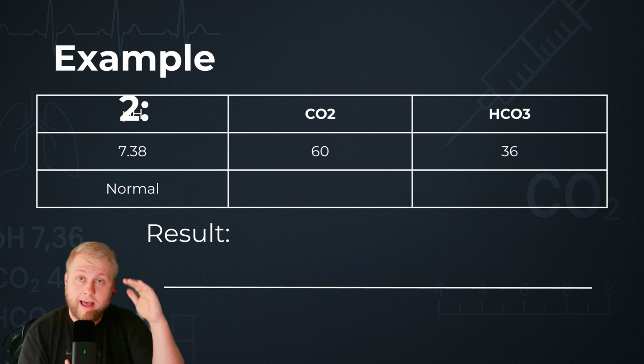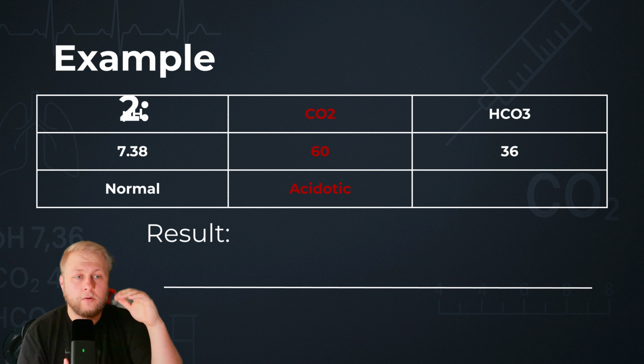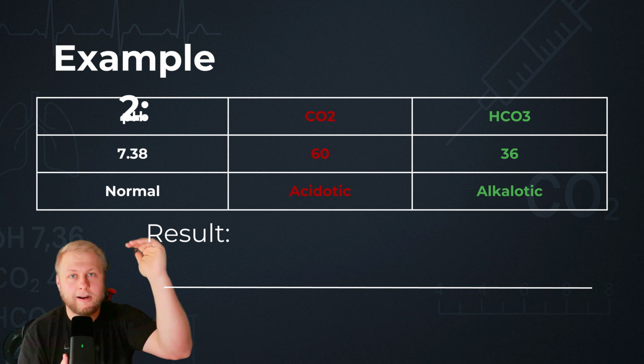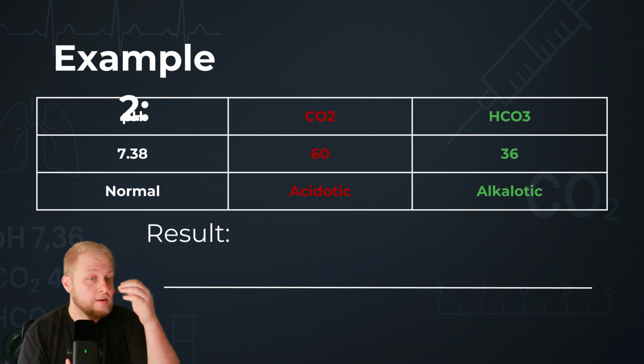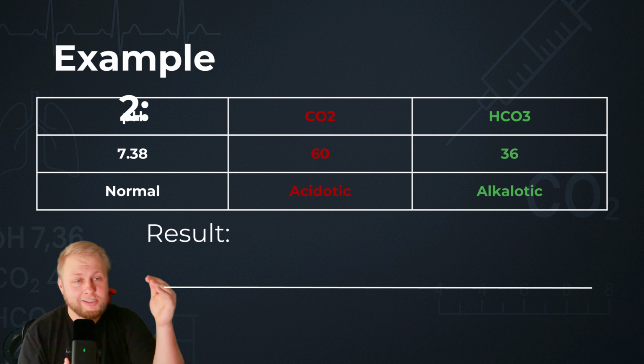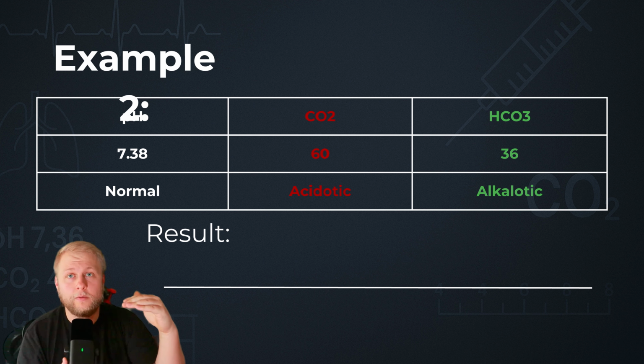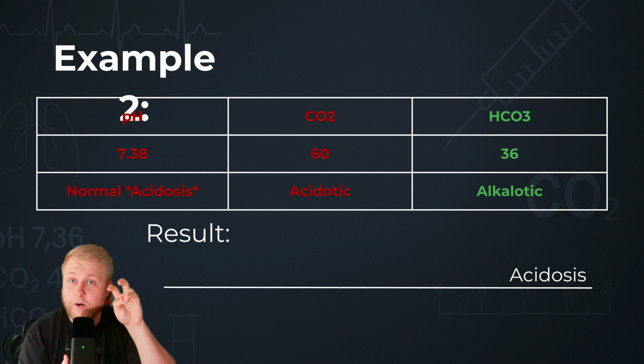So acidotic, alkalotic, or normal? Acidotic. Now, what's our bicarb? 36. That is alkalotic, right? That's high. So, what are we looking at? pH, little on the lower side. 7.38 is less than 7.4, making it an acidotic. Remember quotations because it's compensating.